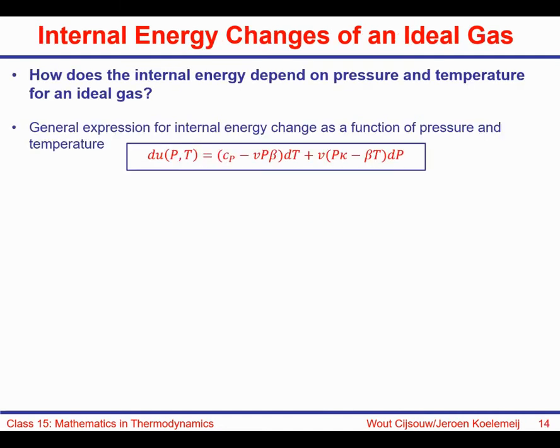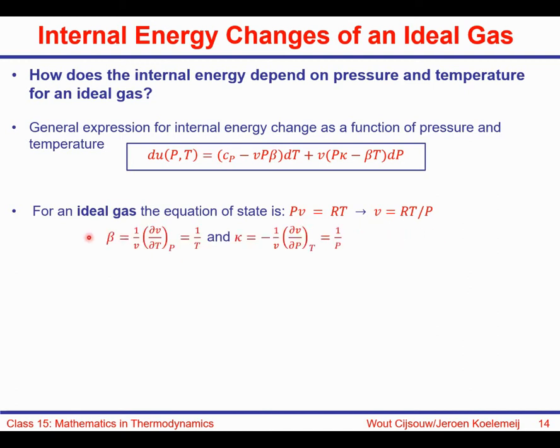So how does the internal energy, U, depend on the pressure and temperature for an ideal gas? Again, we have this general expression for internal energy changes as a function of pressure and temperature. For an ideal gas, we can express the specific volume as follows.